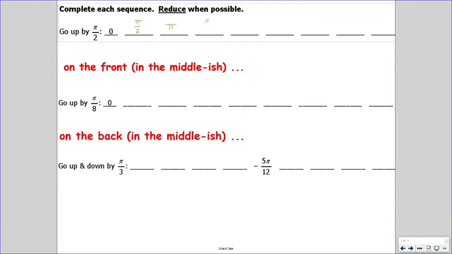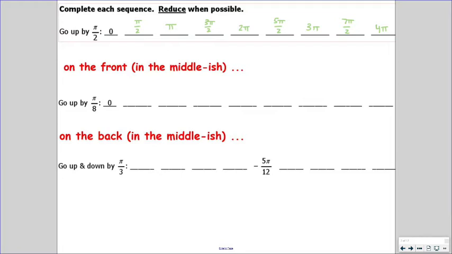Then we get 3 pi over 2, 4 pi over 2, which simplifies to 2 pi, 5 pi over 2, 6 pi over 2, 7 pi over 2, and finally the last space here is 8 pi over 2, which is 4 pi. So simplified answers on a test, if I'm having you graph and you have to label all the key points along the x-axis, you want to make sure everything is simplified.